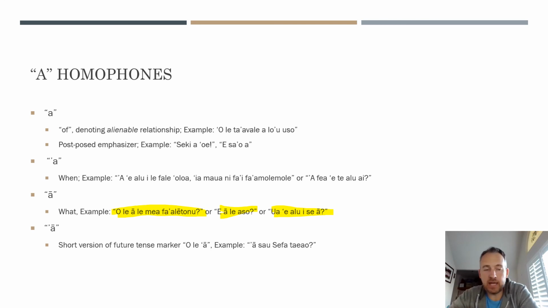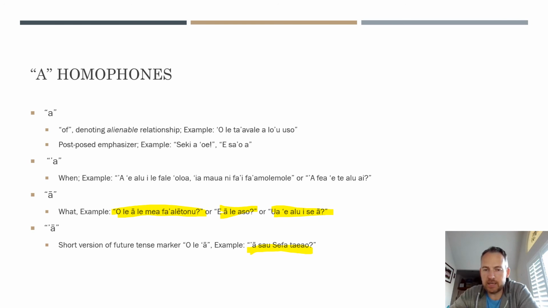Finally, "ā" with a macron and a glottal is basically a short version of our future tense marker "o le ā." It sounds very similar to the question what. The difference is just the macron in the front. Hopefully I'm pronouncing that correctly, but if not, maybe overemphasize it yourself. So "o le ā" is the future tense marker, and "ā" is just the short version of it, and you do hear it in certain cases. For example, the example I have here: "Ā sau Sefa taeao?"